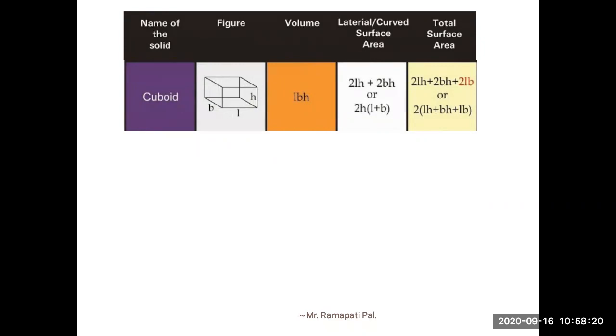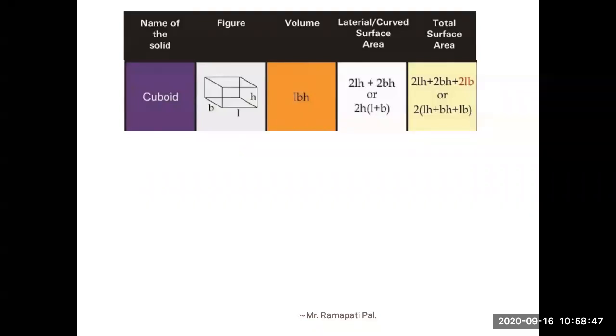And when length, breadth and height are given, if you want to find the curved surface area or lateral surface area, we can find 2H(L plus B). Is it clear? And total surface area is 2(L into H plus B into H plus L into B). Is it clear?